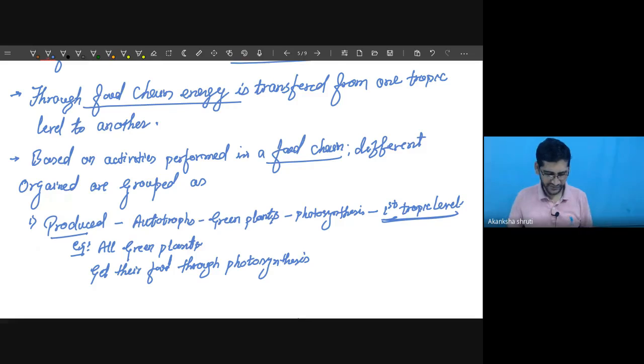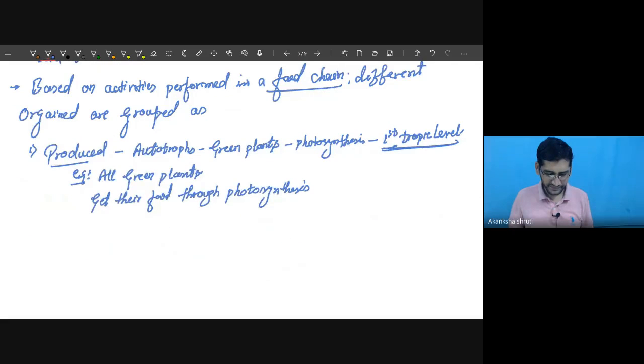The producers must be in large number, in the largest number.